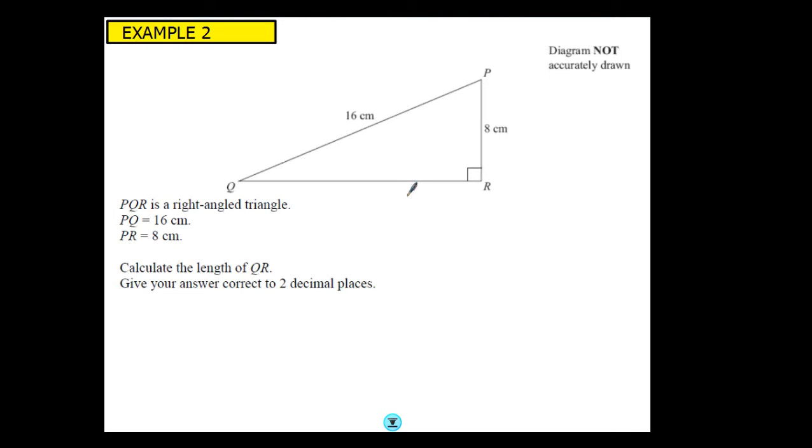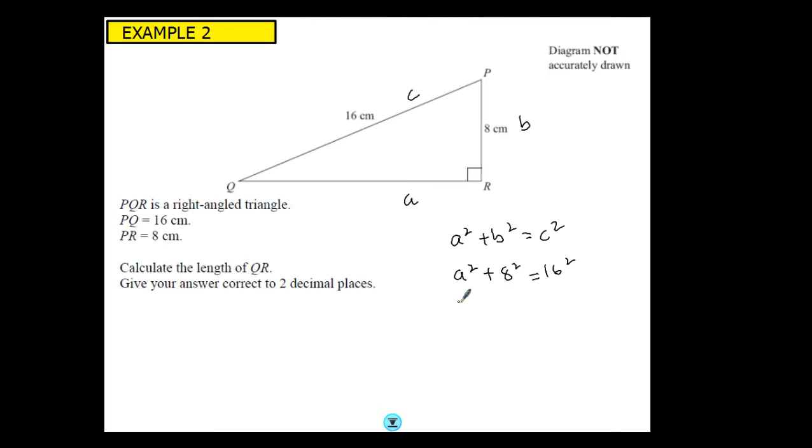So if we label it A, B, and C, remember C is always the hypotenuse, the length opposite the right angle, and it's the longest length. So A squared plus B squared equals C squared. A squared we don't know, that's what we're trying to find. B squared is 8 squared and C squared is 16 squared.